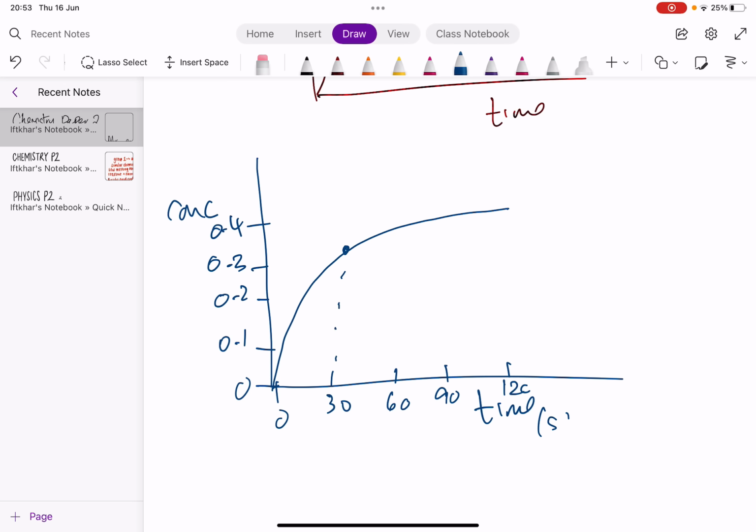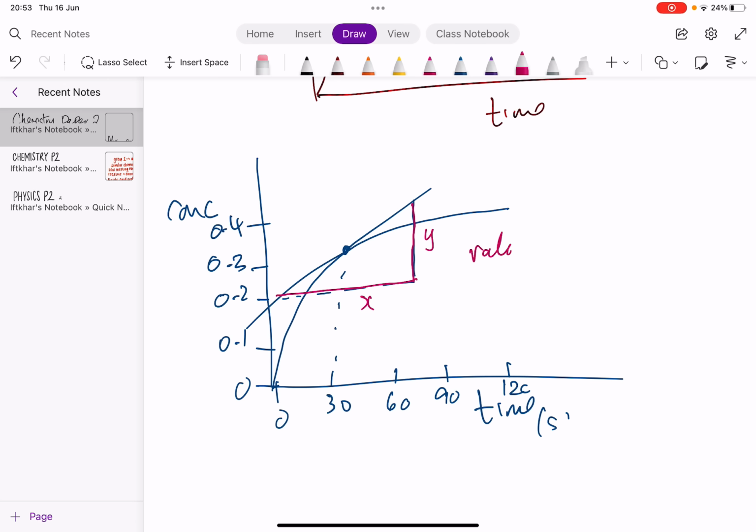You need to take a ruler and draw a tangent line on the point, making sure you do this with the ruler. Then you find the gradient of that line by drawing a triangle, and change in y over change in x is your rate.